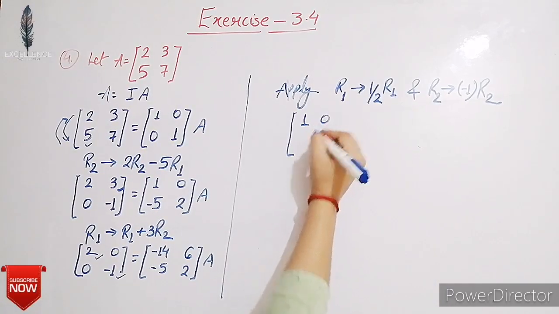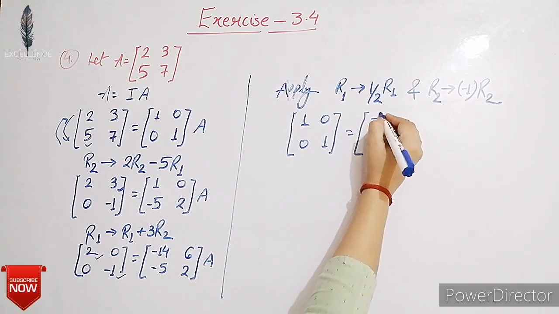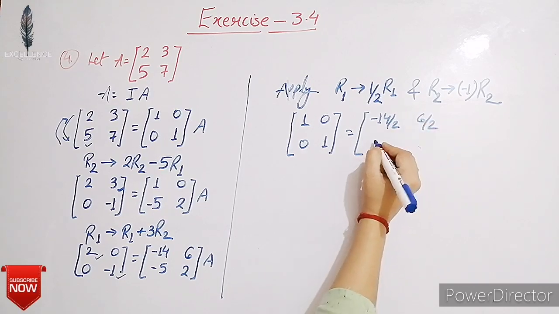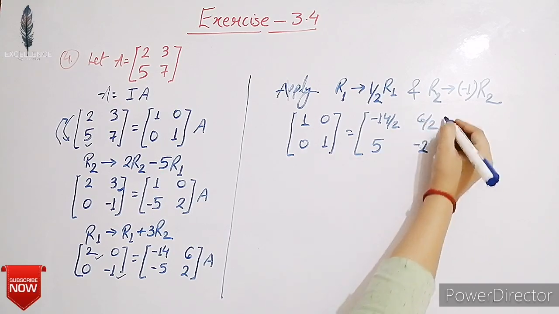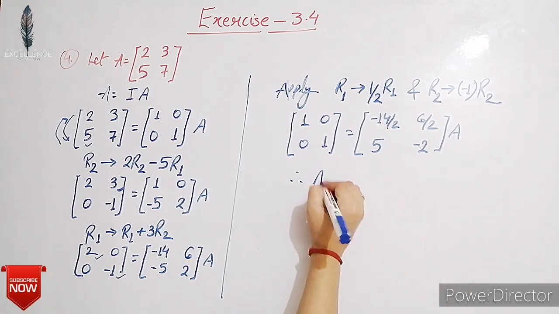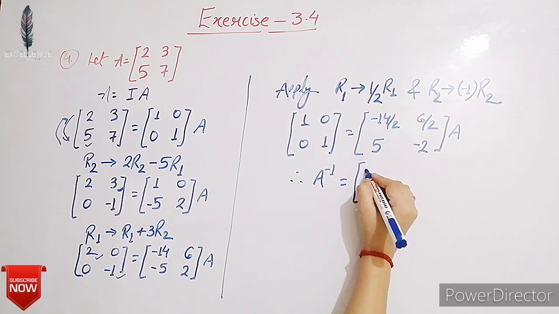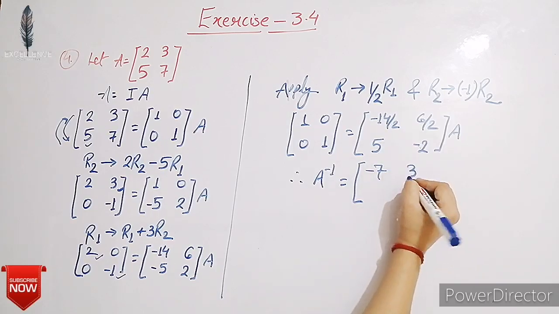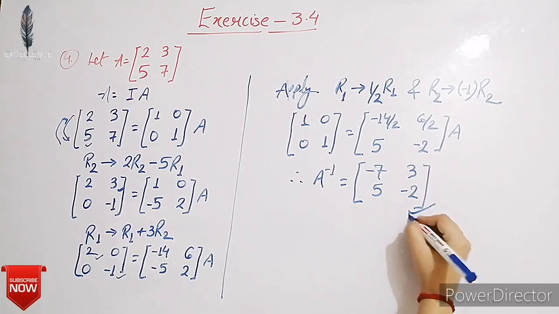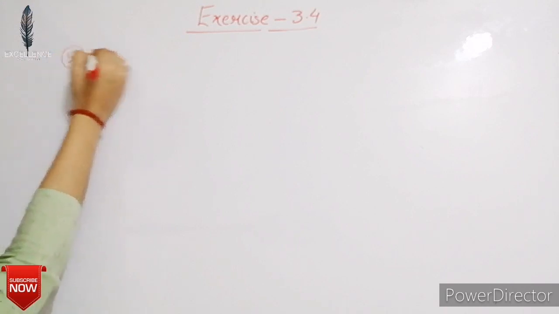Then we have 1 0 0 1 is equal to -14 by 2, 6 by 2, and R2 is +5 and -2 into A. So clearly we have A inverse is equal to -14 by 2, that is -7, it is 3 5 -2, which is the required inverse. Let's see the next question, question number 5.